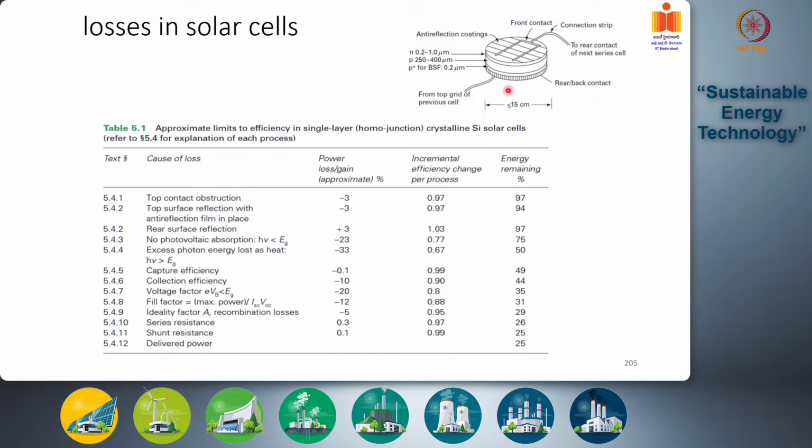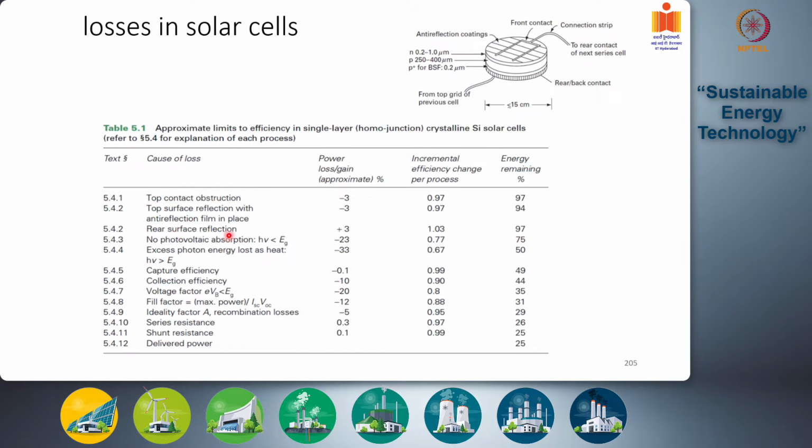Now, as the sunlight goes to the bottom surface, what you want is a good reflecting surface at the bottom, so that any photon that hits the bottom surface is reflected back into your solar cell, so that it can again have a chance to get absorbed to generate electricity.